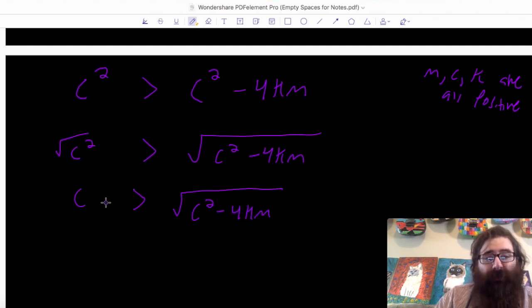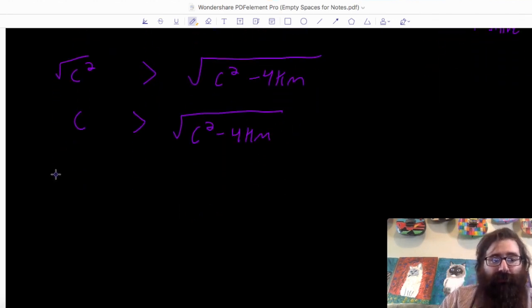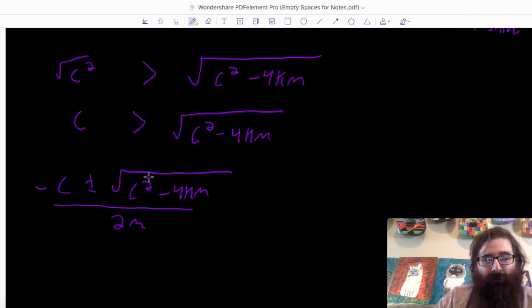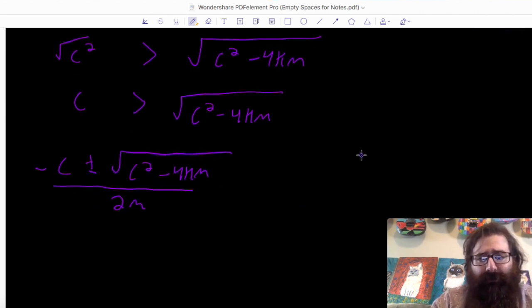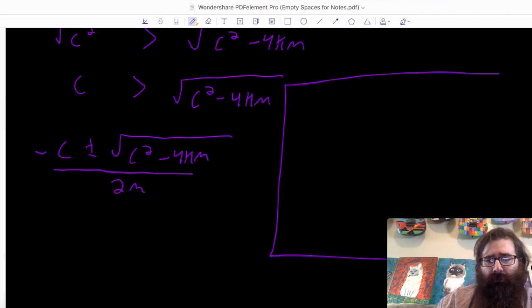Now if we think about how this is constructed, for our solutions we have negative c plus or minus the square root of c squared minus 4 times k times m, all over 2m. Really we're focusing on the numerator here. There are two possibilities that this will break up into.